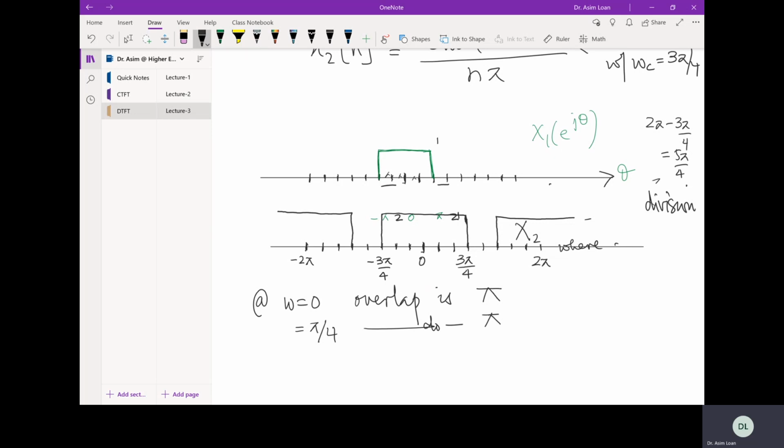This was pi by 4 division. And let me get rid of this x2 over here. Get rid of this pi, 0, pi, minus pi. Get rid of this one.